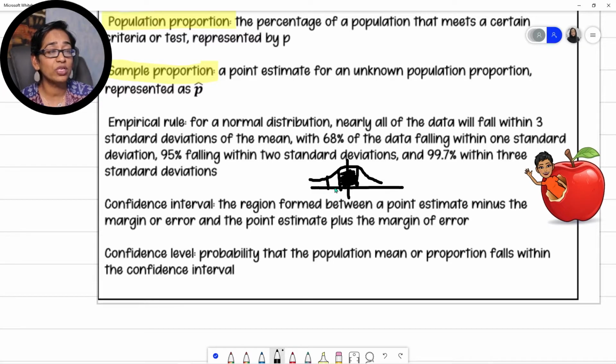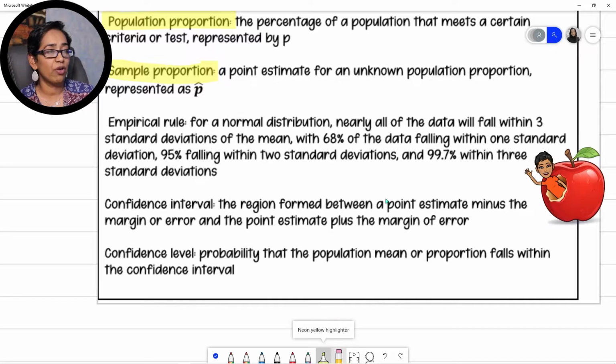Very important. We're going to be talking more about this as we get into confidence intervals, but please make sure you know these values. If you don't, make sure you write them down.